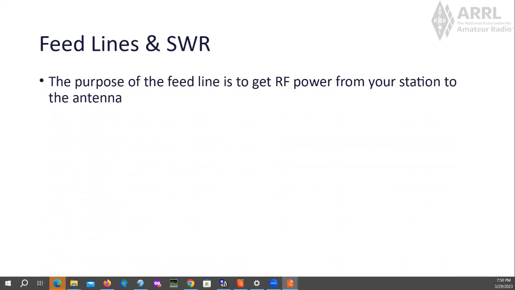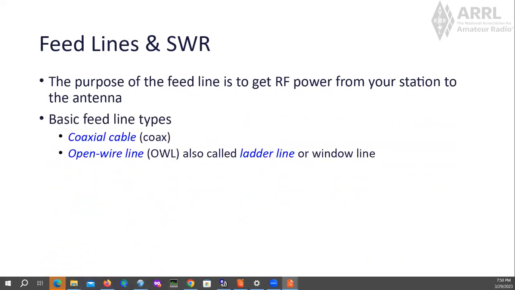The purpose of the feed line is to get RF power from your station to your antenna. Basic feed line types: coaxial cable, called coax, and open wire line, also called ladder line or window line.